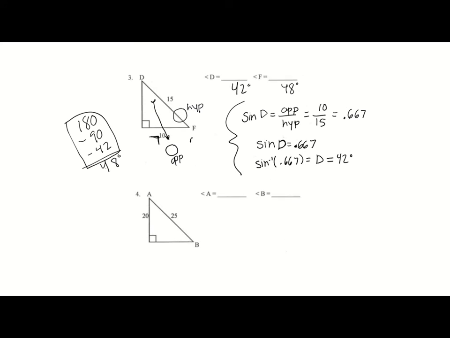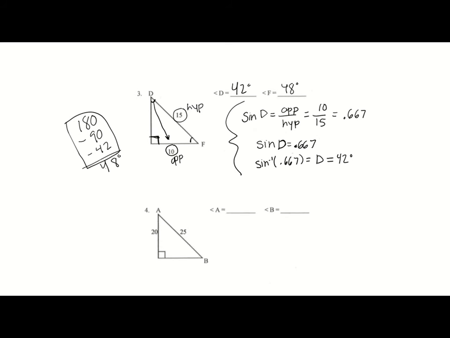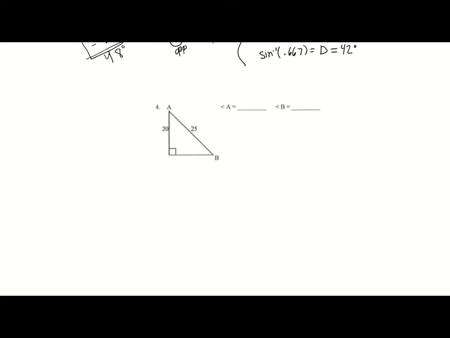Okay, number 4, our last one here. We know we're looking for angle A. 25 is our hypotenuse, and 20 is adjacent to angle A. If I have adjacent and hypotenuse, I know that's going to be cosine. Adjacent over hypotenuse, which is 20 over 25.